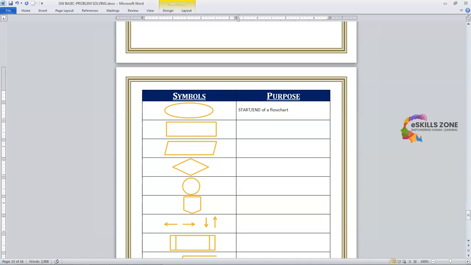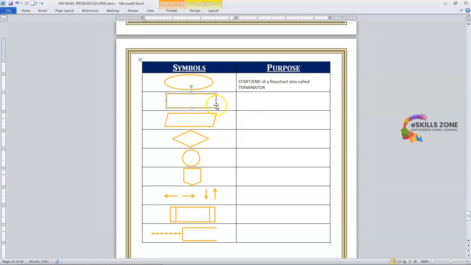They are also called terminator. So this oval symbol serves two different purposes: the starting of the flowchart and the ending of the flowchart. They are also called terminator.